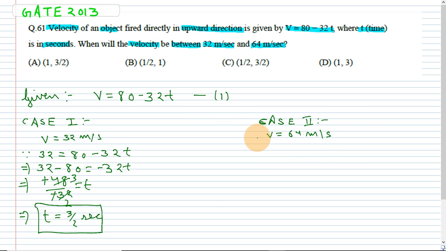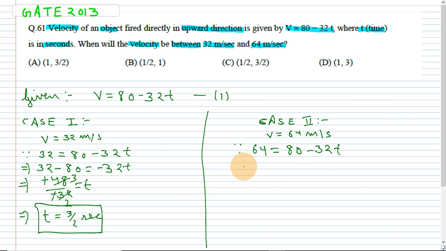In the second case, if we put 64 in the place of velocity, then the equation becomes 64 equals 80 minus 32t.